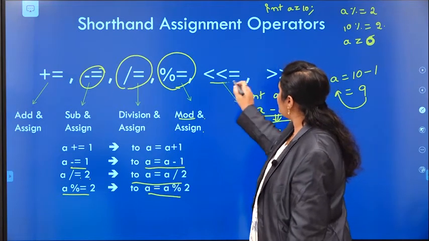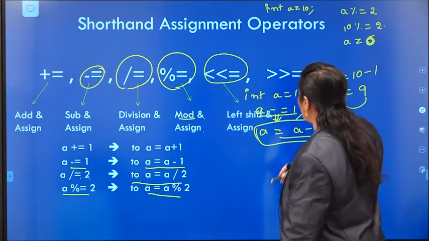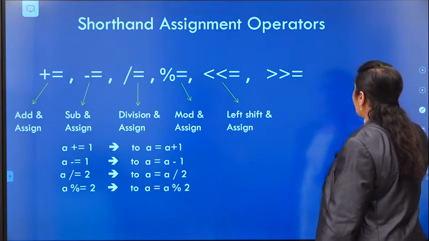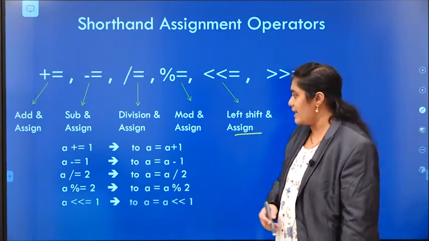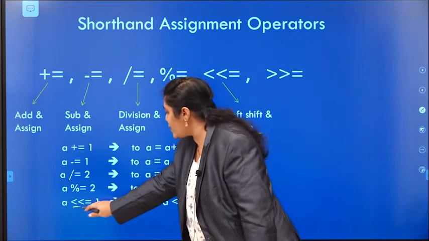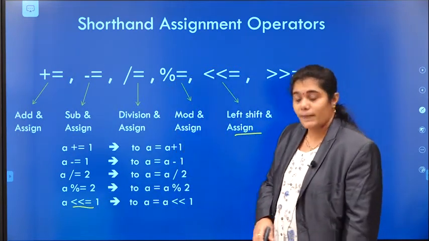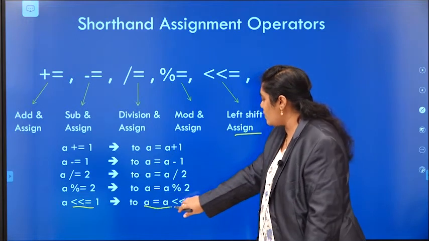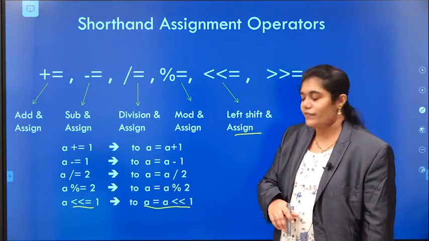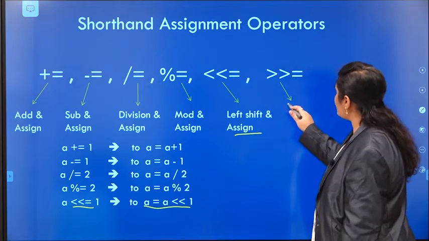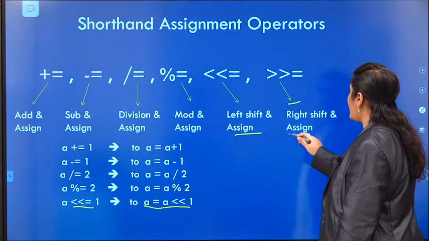And next one is perform left shift and assign. See here, A left shift equals to 1. This is simply equal to A equals to A left shift 1. And the last one is right shift and assign.